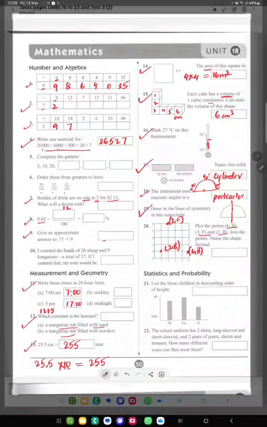Name the shape formed. Alright, that means if we join these points, what shape do we get? So like this, I'm trying my best to draw a perfect shape. It's a triangle, okay? Then question 21, list the 3 children in descending order of their height.